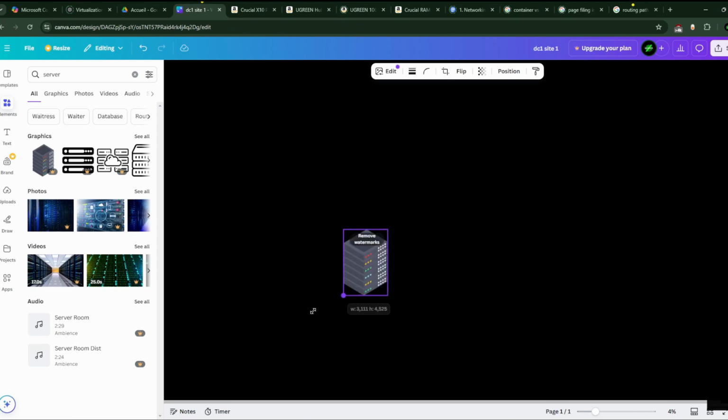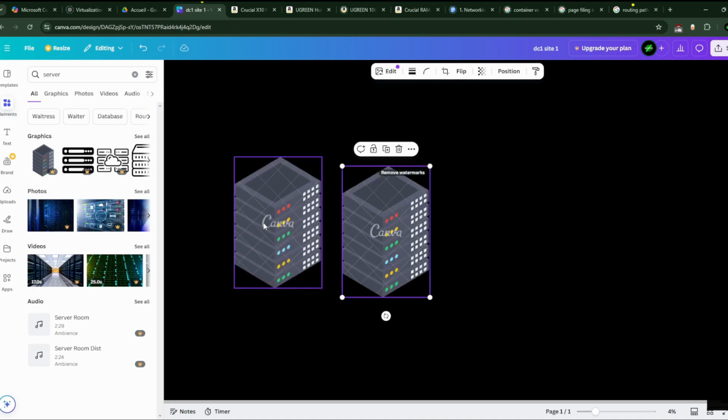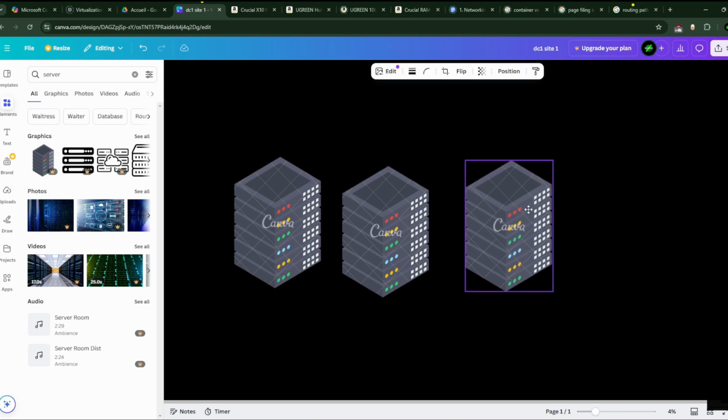Yeah, let's use this one. For example, you have 3 servers, and in order to have a mesh topology, they need to be connected through a cable, but not like this.